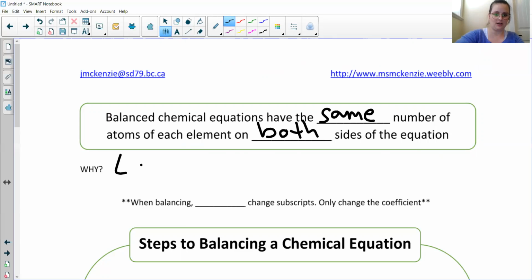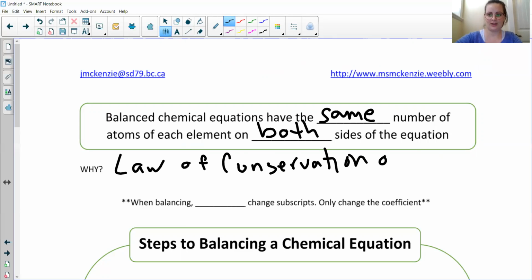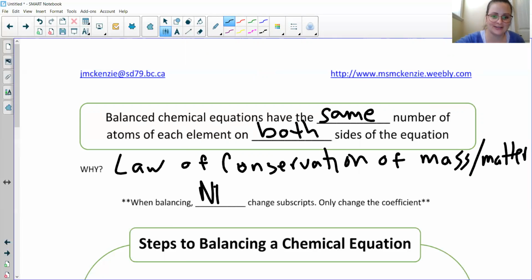So it's the law of conservation of mass. You might hear it be called law of conservation of matter. Really the same thing. So again, when balancing, never change the subscripts. I've already said it. I'm going to keep saying it. Only change the coefficient. Okay.